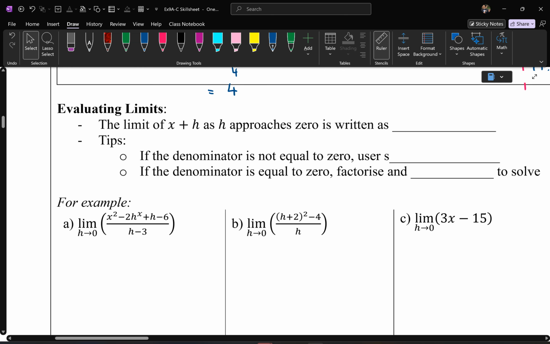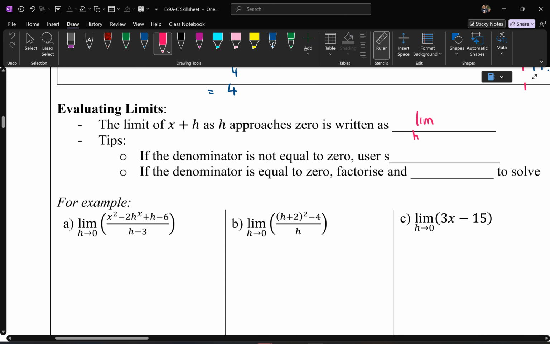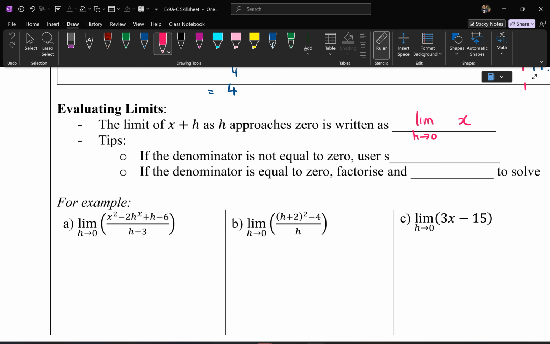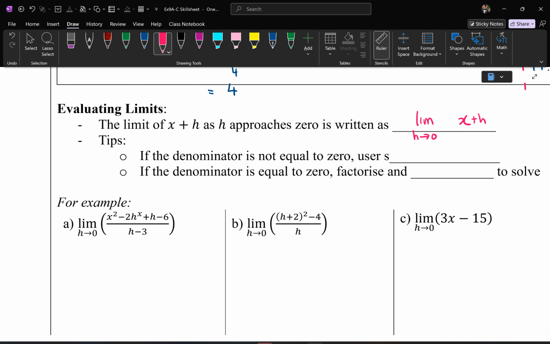Now, the limit of x plus h as h approaches 0 is written as lim of h approaches 0 of x plus h. It looks like this. A couple of tips when you're evaluating limits. If the denominator is not equal to 0, I think I did something wrong here.